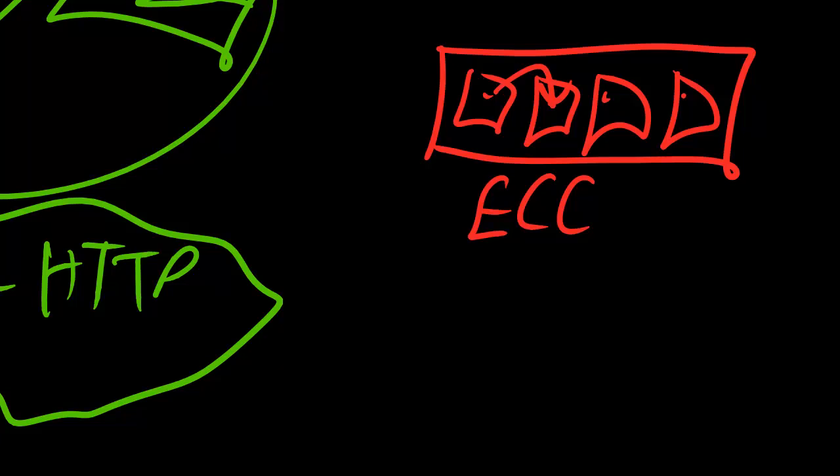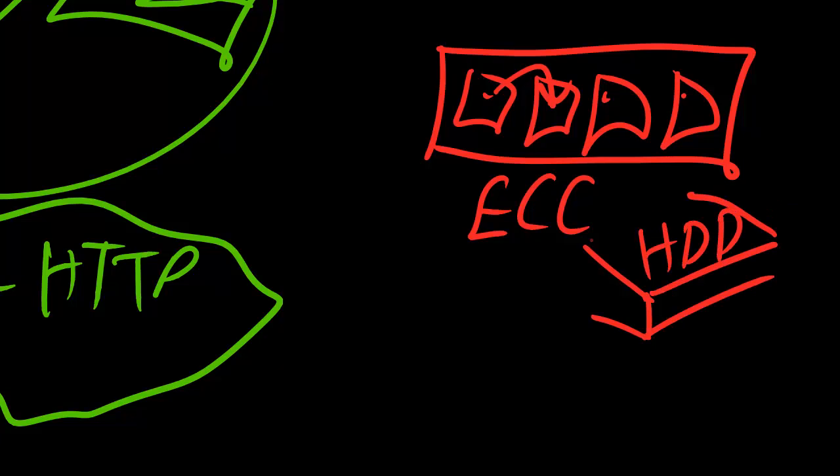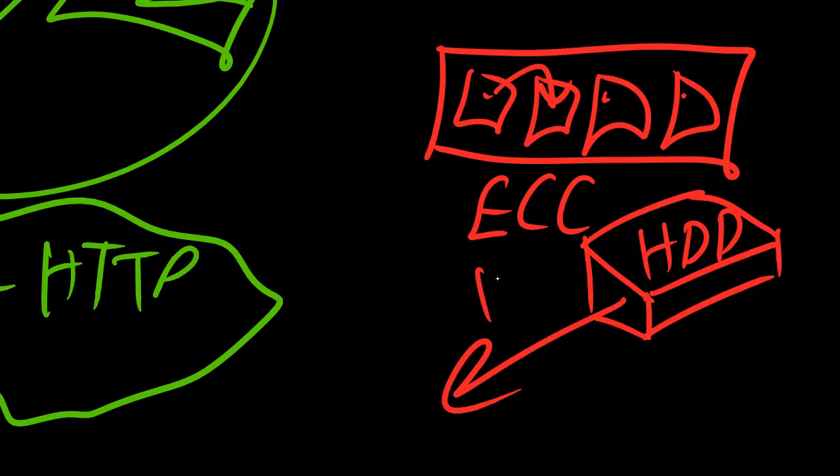Many components can be hot swappable. So when you have a disk fail from your hard disk drive, you can often just hot swap it. That means you can basically yank one out and put a replacement back in, and you don't have to power the system off to do that.